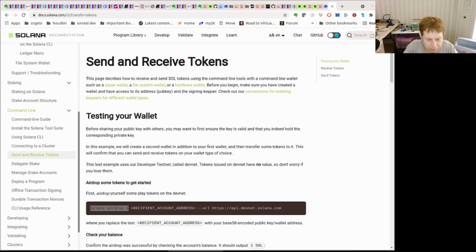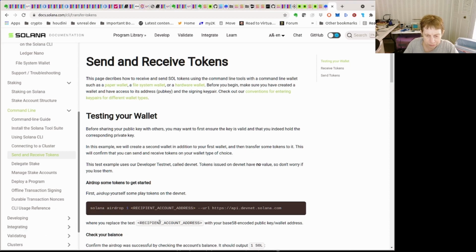And then we're going to do, again, doing from the dev cluster, the URL, https://api.devnet.solana.com, and requesting an airdrop.